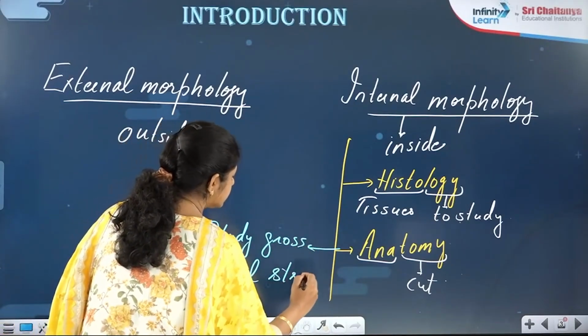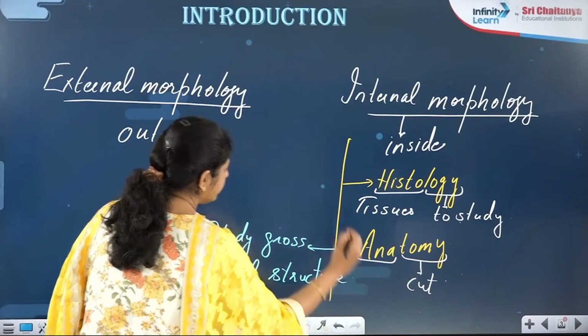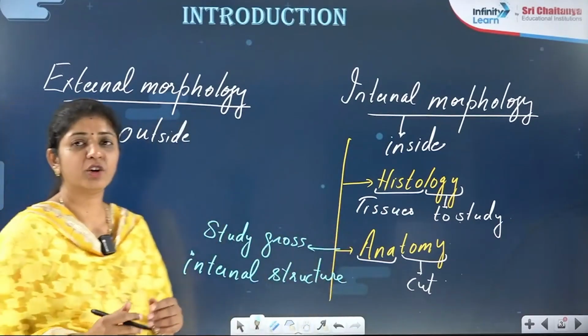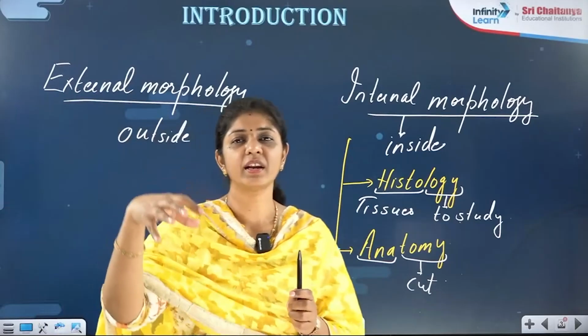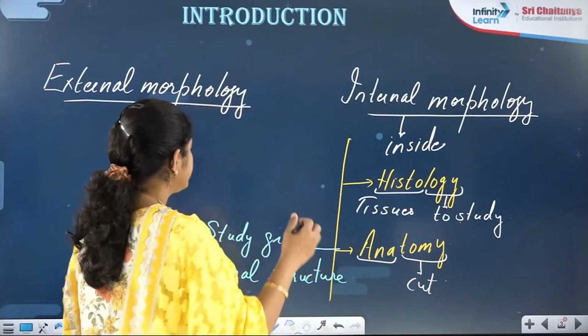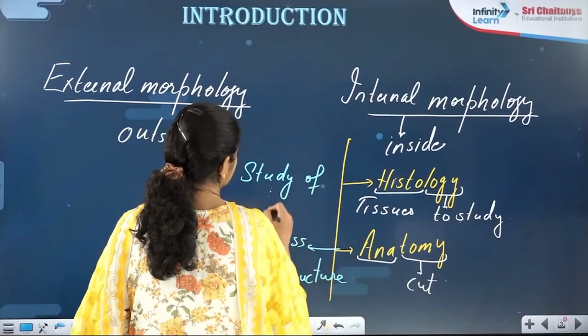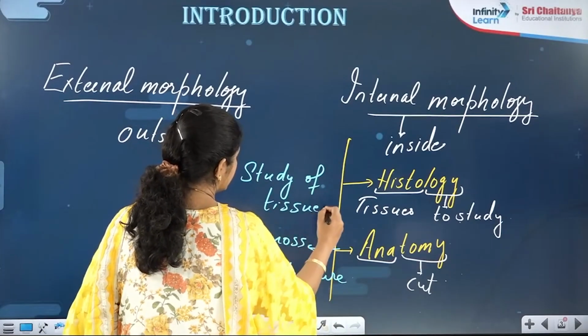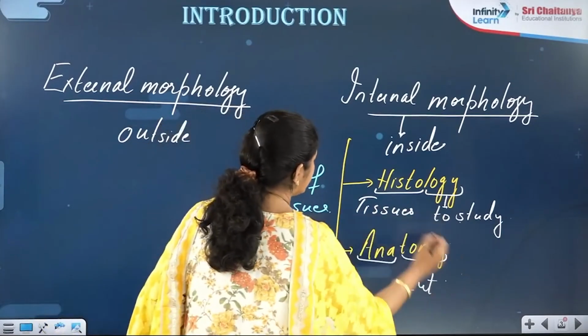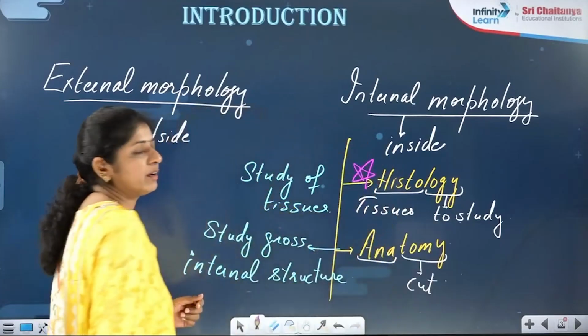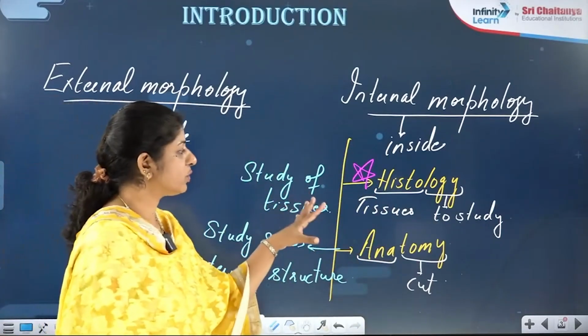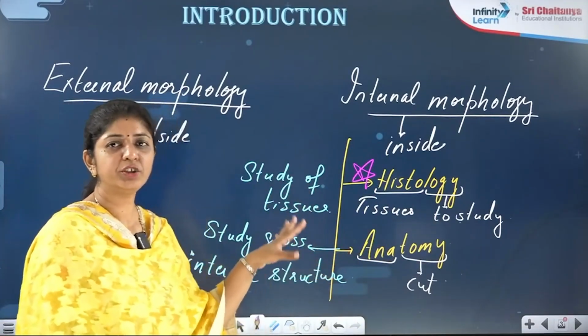Gross internal structure of a plant, that you call anatomy. Gross means how all tissues are arranged in one part. Histology is what? Study of tissues. Right? In today's topic, we are going to touch on the histology part. I again repeat, histology is the study of the tissues.